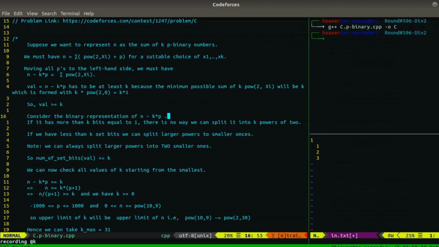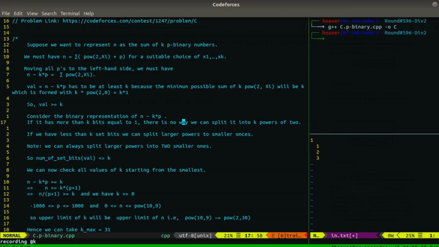So let's consider the binary representation of n minus k into p. If n minus k into p contains more than k set bits, we can't split it into k powers of 2. Why? Because if we consider the binary representation of n minus k into p, it contains more than k set bits.